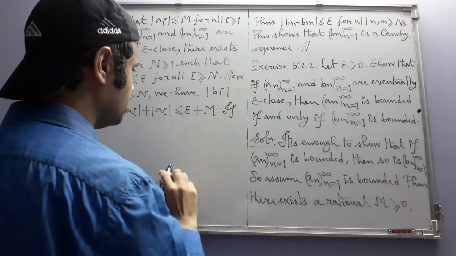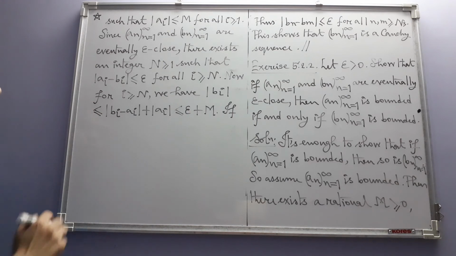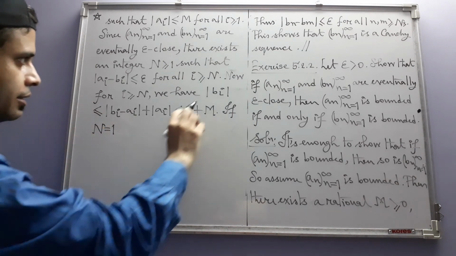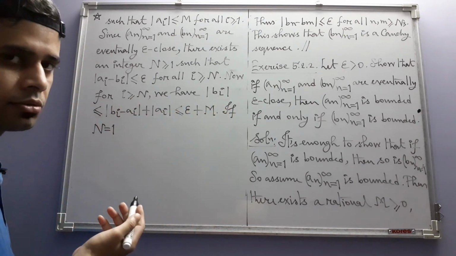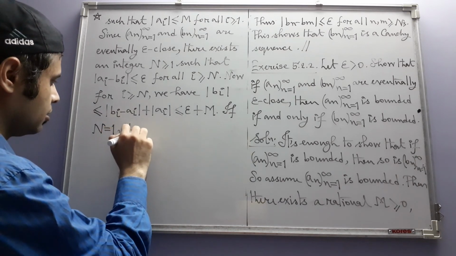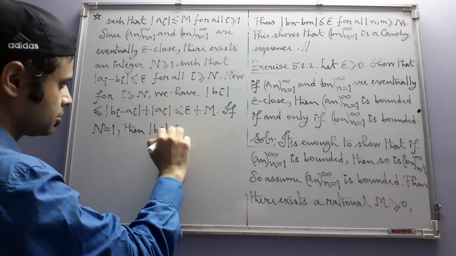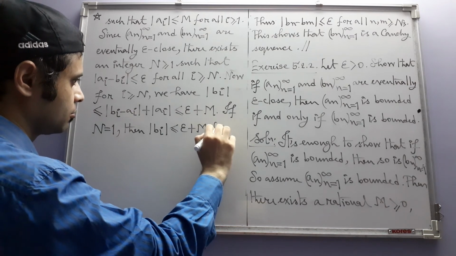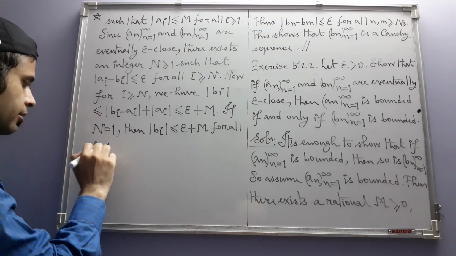Now if our integer N happens to be equal to 1, then this inequality is true for all i greater than or equal to 1. That means for all i, this is less than or equal to epsilon plus m.